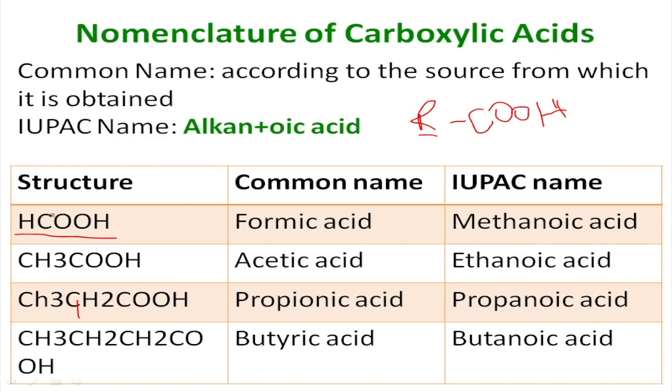For the IUPAC name we count the carbon atoms: one carbon atom gives meth, so methanoic acid. Then CH3COOH is acetic acid or ethanoic acid. Number 3, propionic acid, which is propanoic acid by IUPAC name. Then number 4, butyric acid, which is butanoic acid.